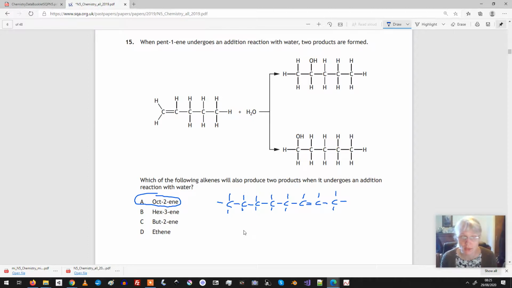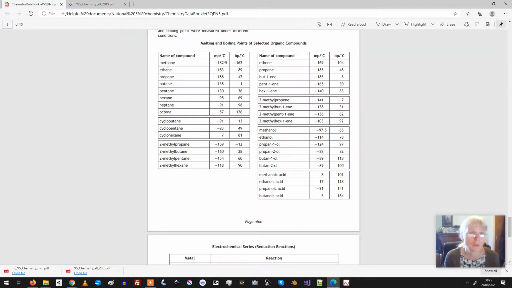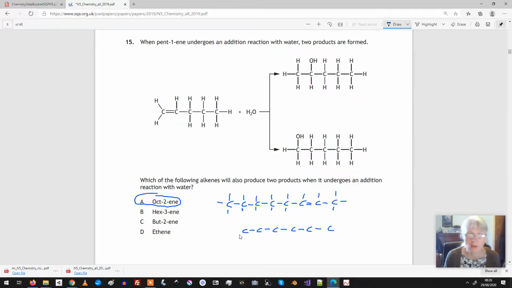Let me draw hex-3-ene. Hex is for 6, I think. Is it? So just check. 1, 2, 3, 4, 5, 6. 1, 2, 3, 4, 5, 6. And on the third carbon there is a double bond. And you can see the symmetry there.